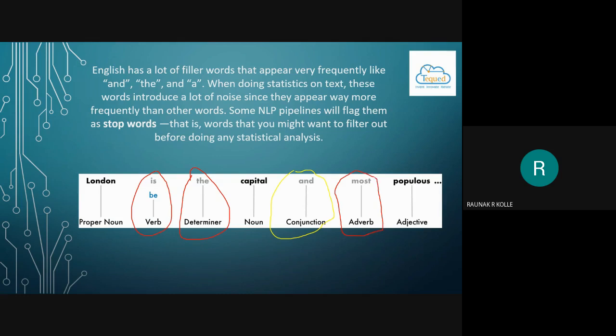We have marked four stop words here: is, the, and, most. Now if we try to make sense of the sentence without these stop words, we will get something like this: London, capital, and populous.